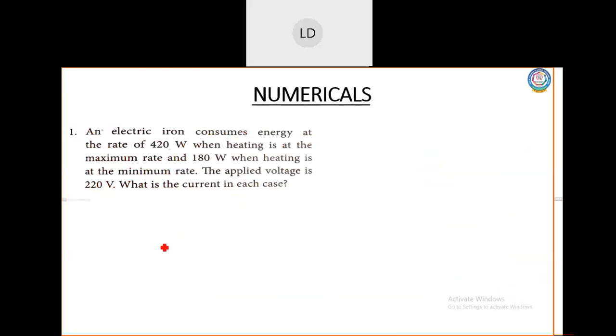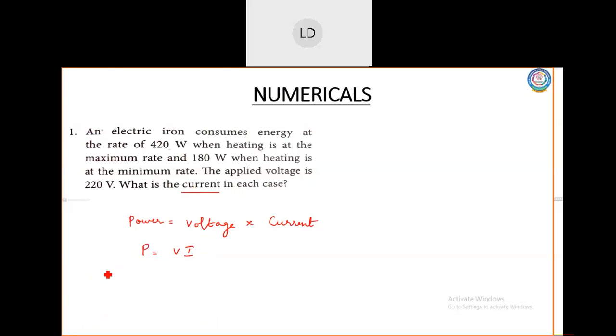We know the formula for power. I am going to use the formula for power. Power is voltage into current, so P is V into I. I need to determine the current in each case. There are two conditions they have given. One is when heating is done at the maximum rate.